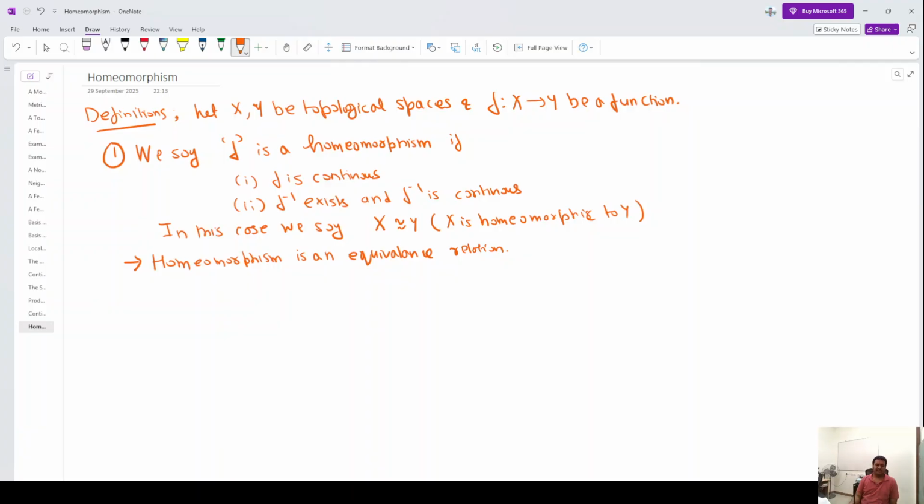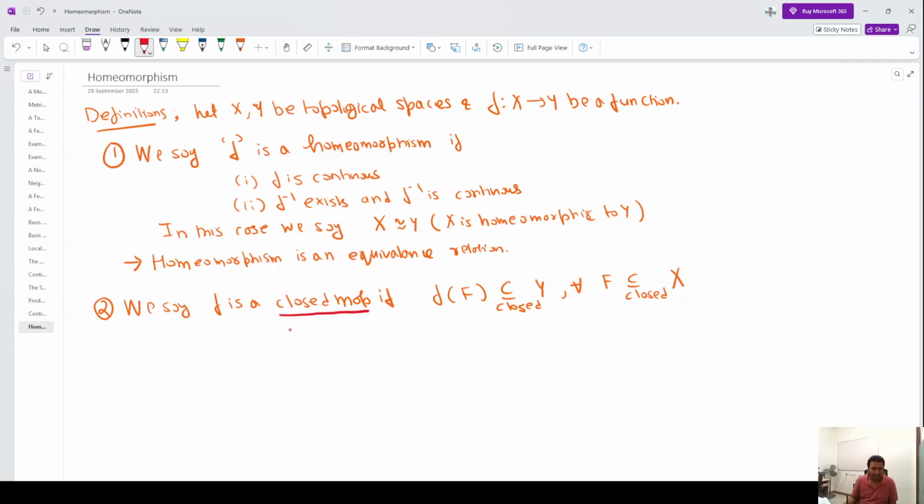Let me define two more definitions. We say f is a closed map if, can you guys guess, f of F is closed in Y for all F which are closed in X. Similarly, the other definition is open map.